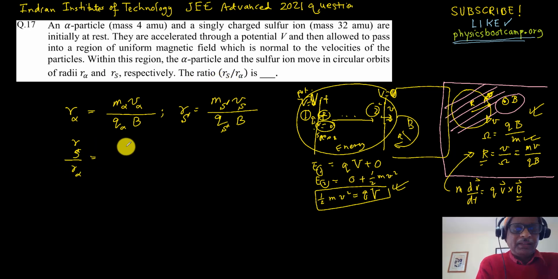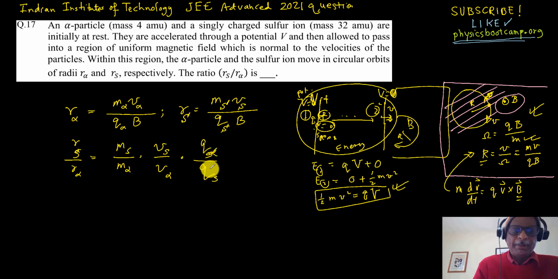What are you going to get? B will cancel out, so this is m_S over m_alpha, v_S over v_alpha, and then you're going to have q_alpha over q_S.